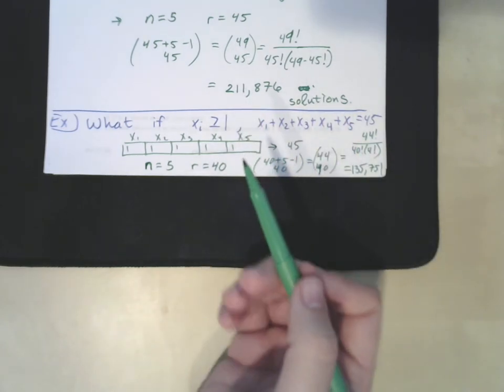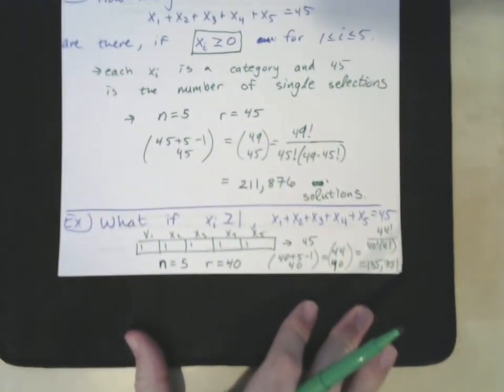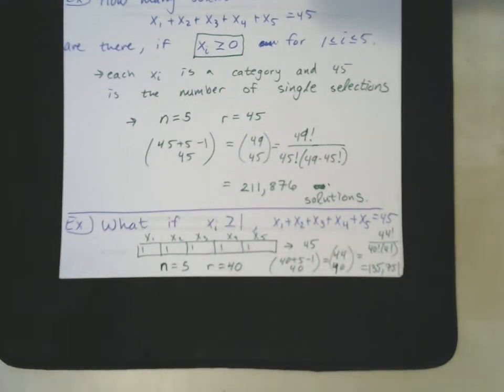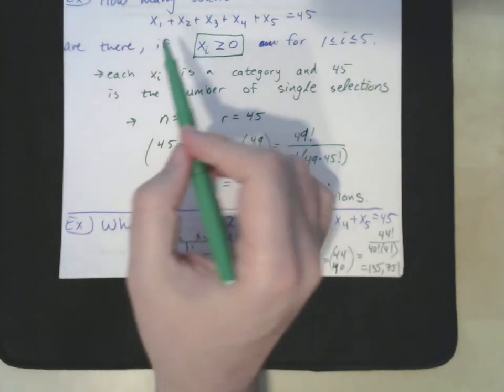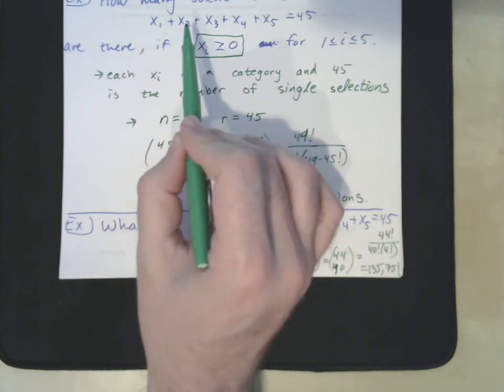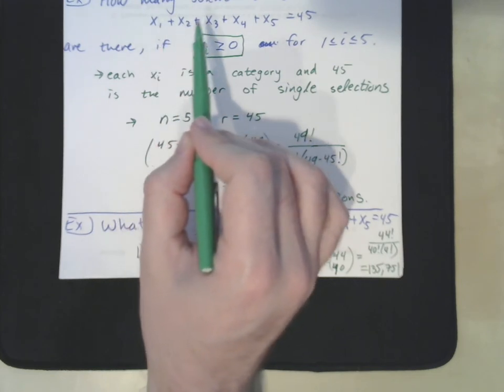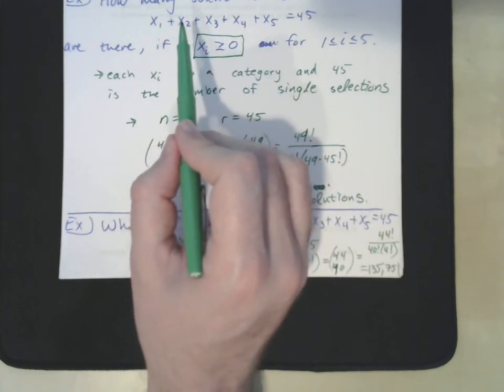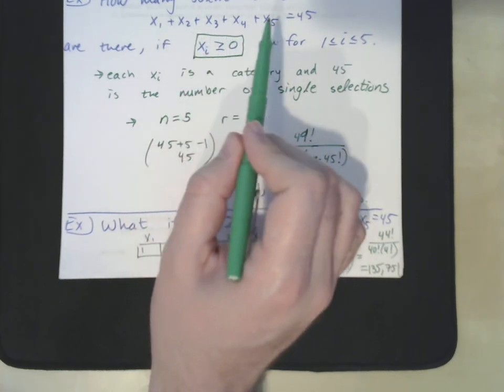Now, if we lift these restrictions and go to the original problem, and we say our x value for each one can be anything, then there truly are infinite different ways we could do that. Because we can always pick x1 to be negative x2, and then x3, x4, and x5 have all the things. We could pick x1 to be negative x2 plus x3 plus x4 plus x5.